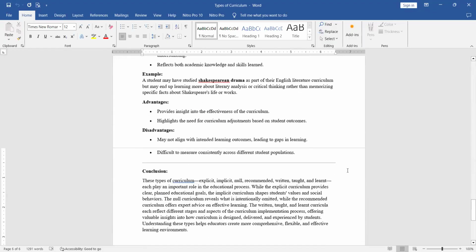If I ask you, can you remember what are the 6 types of curriculums that we discussed? Explicit formal curriculum, yeah, implicit curriculum or hidden curriculum, very good, null curriculum, recommended curriculum, taught curriculum, and learned curriculum.